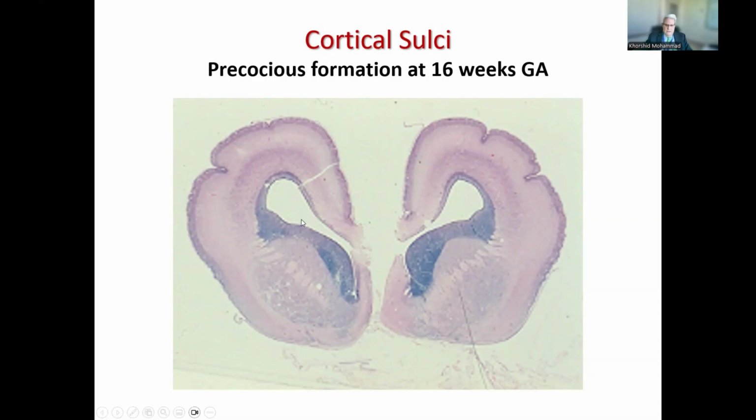And you can see in this brain that you are starting to have some incipient sulci that are forming. These are not fissures, these are sulci. This is the interhemispheric fissure here, which looks wider than it should be because the brain is torn in the midline. It should be closer together.